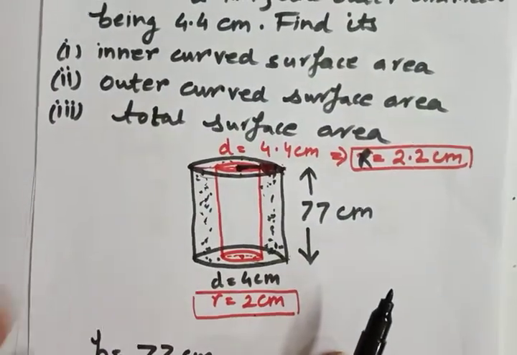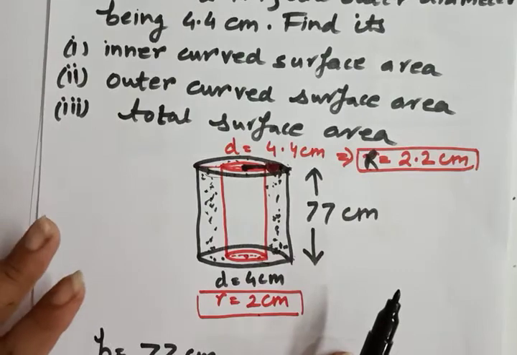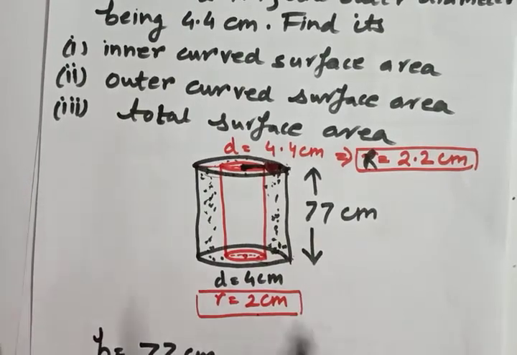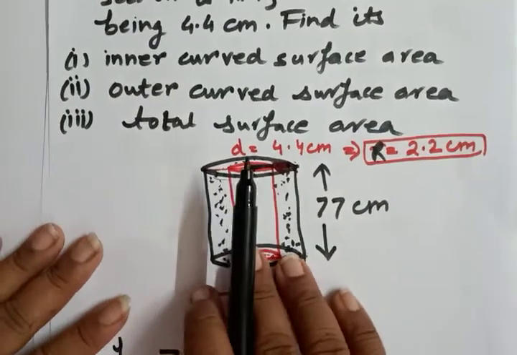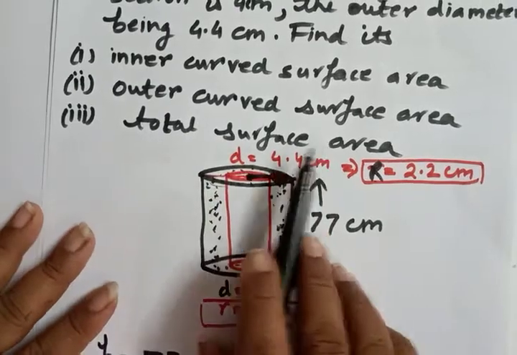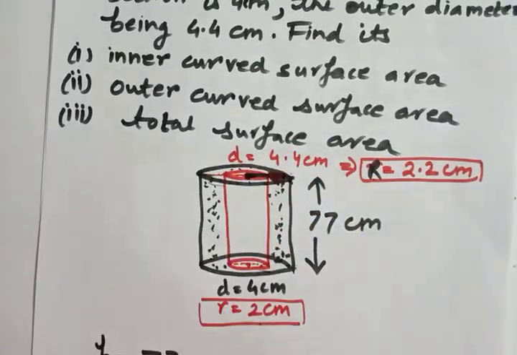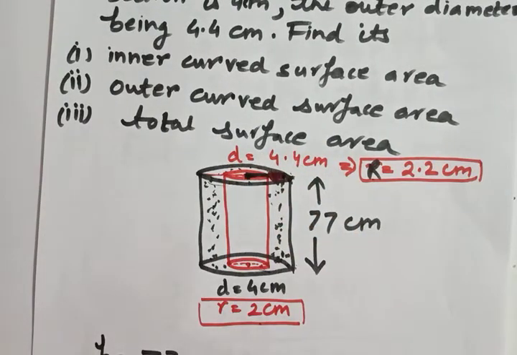See, for the total surface area, how will we find the total? When we take the words total surface area, it means all the surfaces we are able to see. So what are the surfaces that we are able to see in the metal pipe?